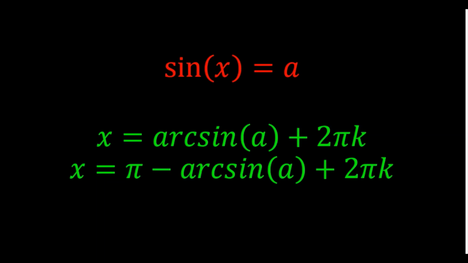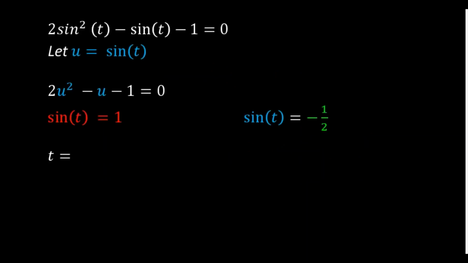So we have sine of x equals a. That breaks down into two equations for our angle x. x equals arc sine of a plus the period 2 pi k, and x equals pi minus arc sine of a plus the period 2 pi k. So first we'll focus on the equation sine of t equals 1.